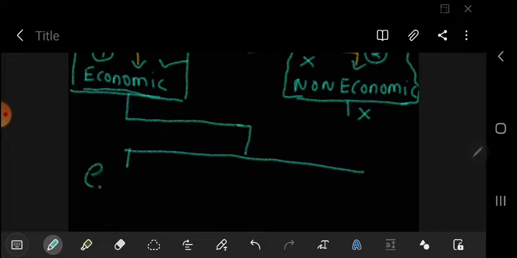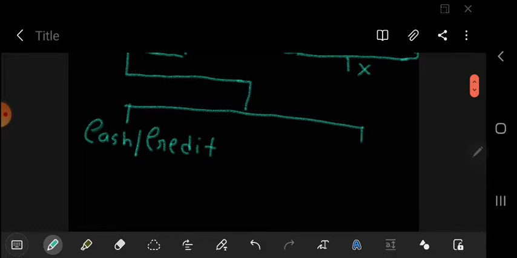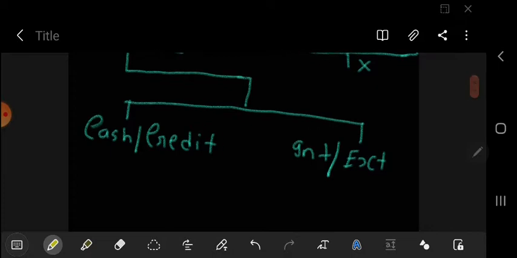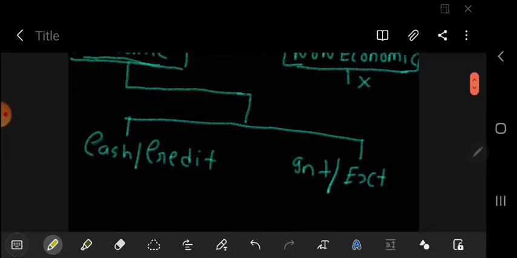One is cash or credit transaction, and another part is internal or external transactions. So in economic transaction we will see two types of transactions.